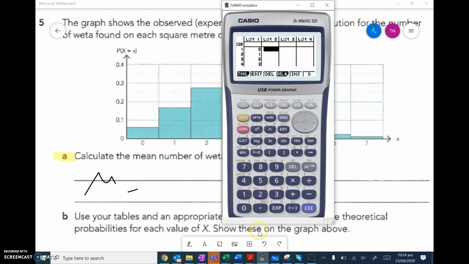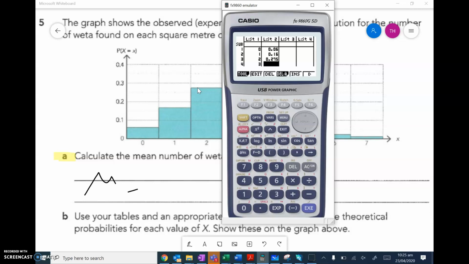So 0, I think, looks like it's at about 0.06. You just got to do your best to see what it is. So 1 looks like it's 0.16. 2 looks like it's at 0.275.